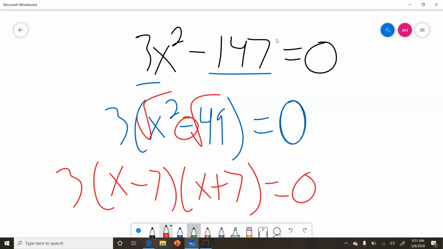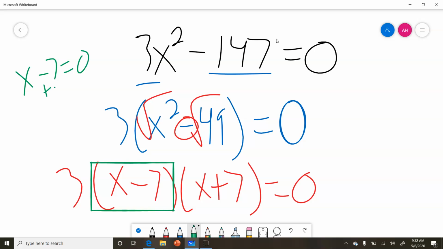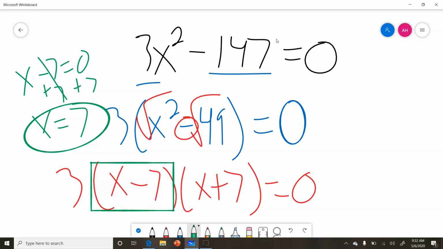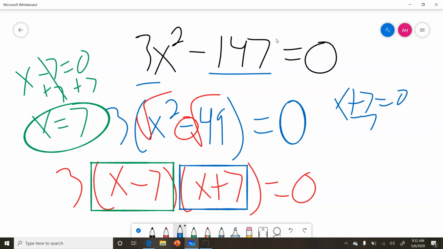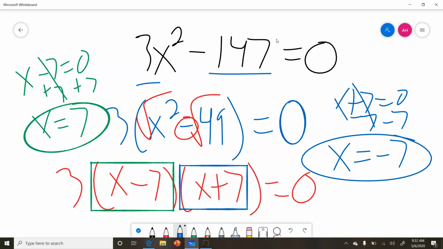And then you can see, you use each one of these, and you get x minus 7 equals 0. You add 7, you get x equals 7. So there's our 7. And then they take the same thing down here with x plus 7 equals 0. You subtract 7, and you get x equals negative 7, right?